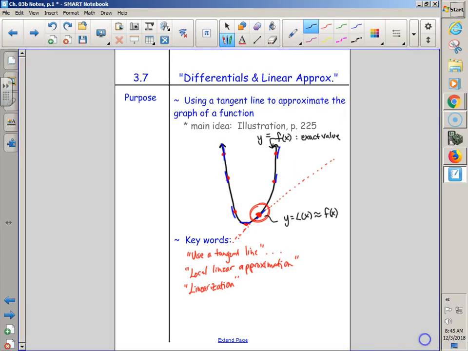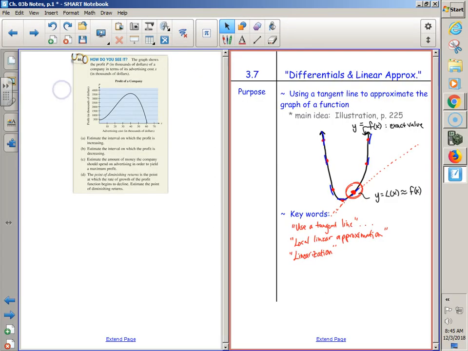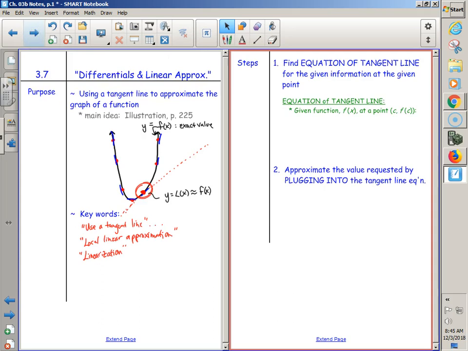How do we do that? Well, without having tons of time left, we're going to go back to that formula that we did a long time ago, where we have y minus f of c equals f prime of c times x minus c. Some of you would rather use a's, and that's okay, I don't care. B's, that's okay, I don't care.